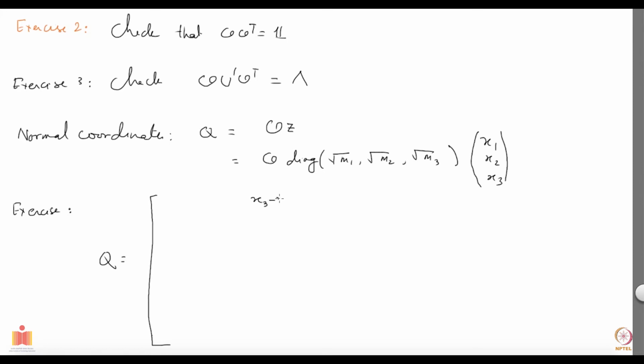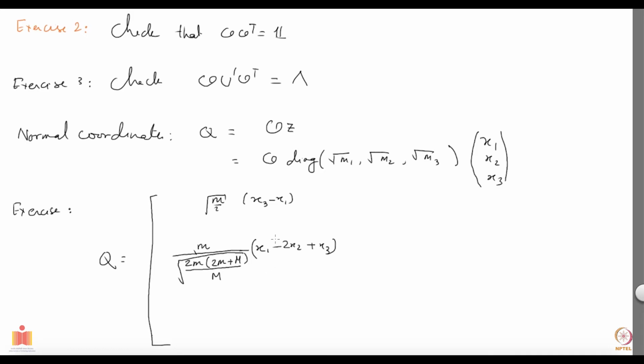X3 minus x1, m over 2 in the square root. Then you get x1 minus 2x2 plus x3. Okay, and the coefficient is square root of m over 2m plus capital M, the entire thing divided by capital M, and this is in the square root.